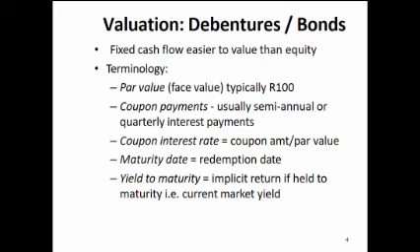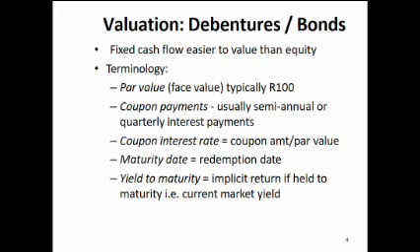Because if we think about an ordinary share, usually the cash flow resulting from holding the ordinary share will be dividends, and a dividend, in the case of ordinary shares, is not fixed. So it is more difficult to value equity than it is to value debentures and bonds, because debentures and bonds have fixed cash flows. So we know what will happen in the future, and then we take those cash flows and we need to present value them.